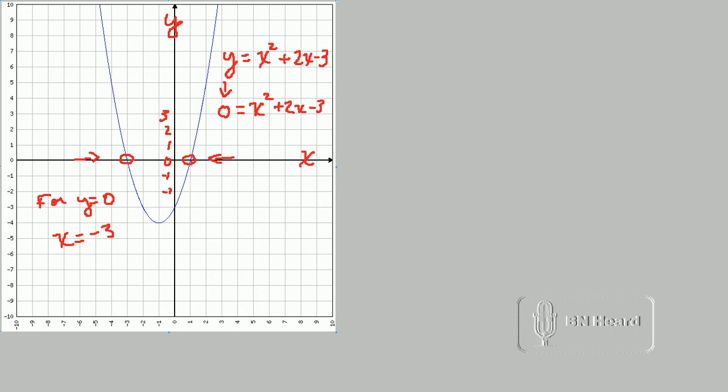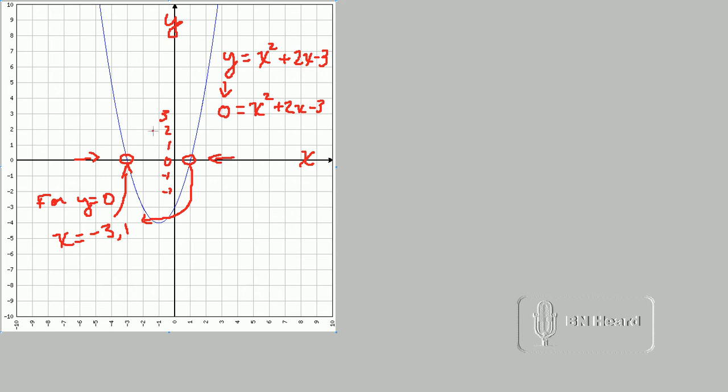And if I count over here, I get a +1. It intersects the x-axis at -3 and +1. So graphically, my solutions are -3 and +1. That is all I'm doing there.